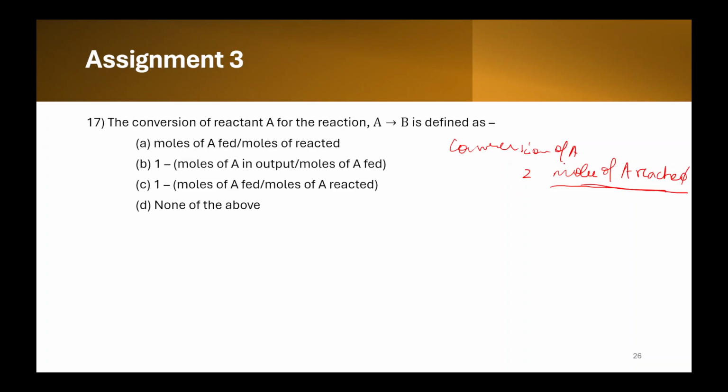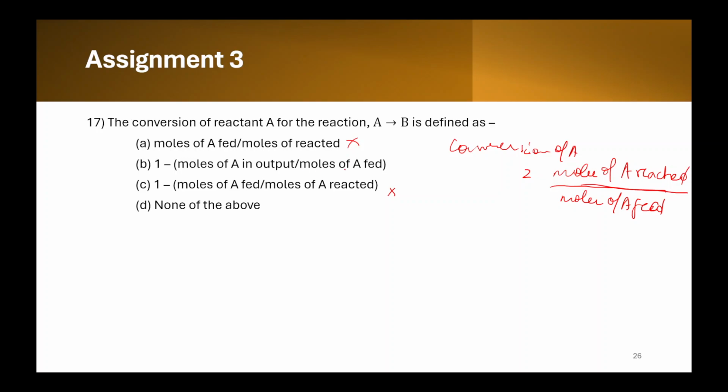So moles of A reacted upon moles of A fed. This option will not be the correct answer. This will also not be the correct answer because it is basically the inverse.